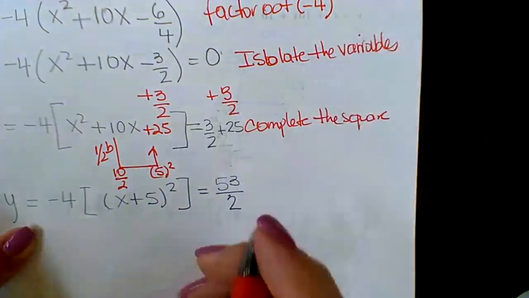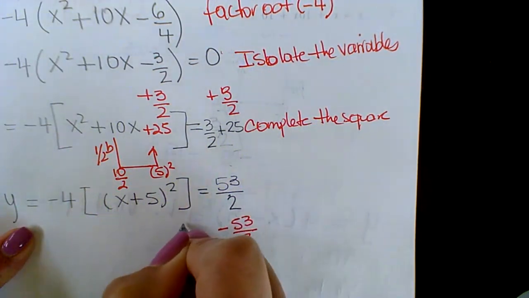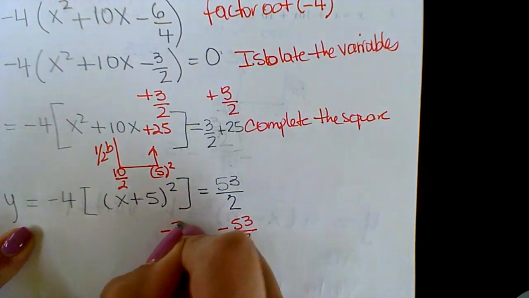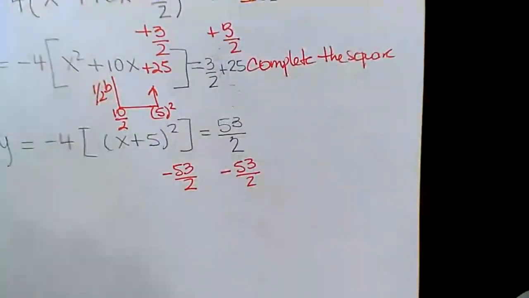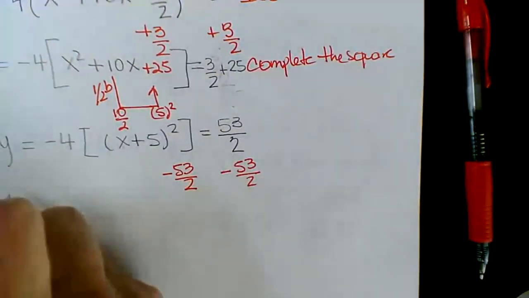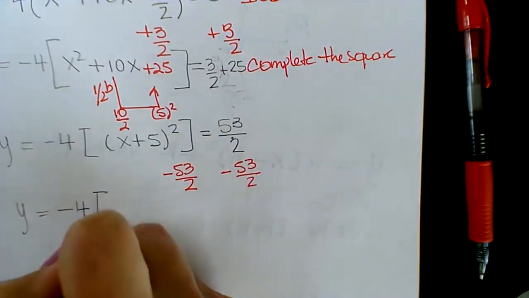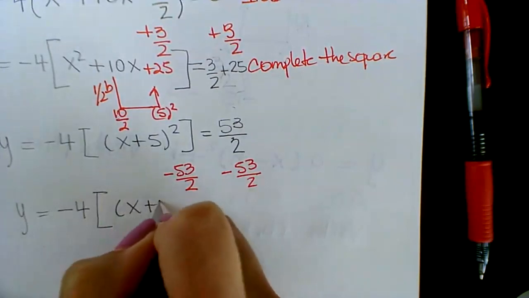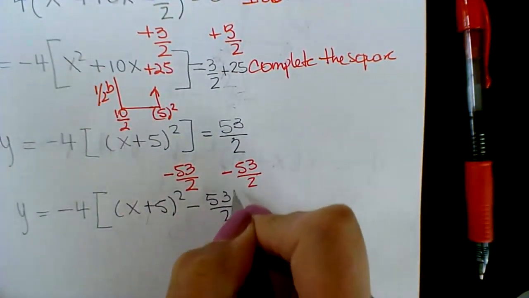So now I'm going to subtract this because I need to bring it back to here. So I'm going to subtract it on both sides. And this is going to be y is equal to negative 4 times x plus 5 squared minus 53 over 2.